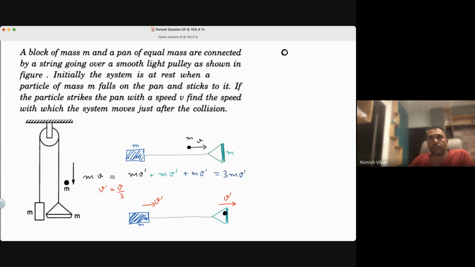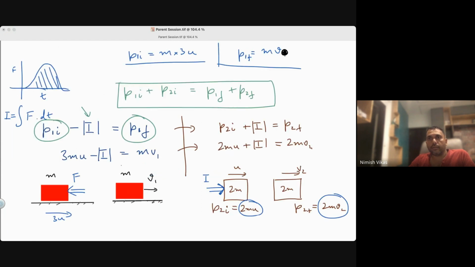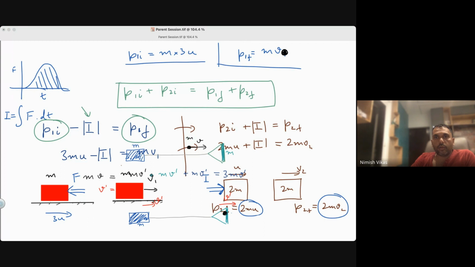If I'm thinking of this first, how did I write when I showed you an example, this type of example? I made only the red body first, wrote the initial momentum, wrote the final momentum. Remember the sequence, wrote this, wrote that, and said there is a certain force acting which is going to give an impulse, and I wrote this. Remember that? Same thing you have to do for the black body now.